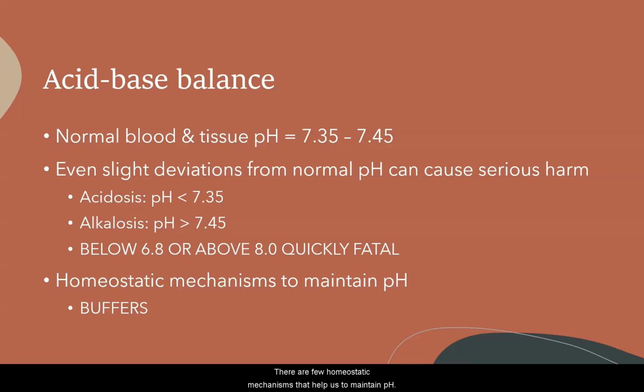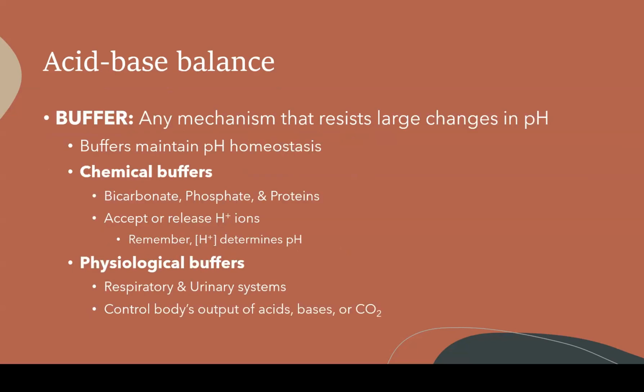So there are a few homeostatic mechanisms that help us to maintain pH. And really it is talking about buffers. Buffers are basically any mechanism that helps resist large changes in pH. Buffers, in that sense, maintain pH homeostasis. And there's a few things we'll talk about today.